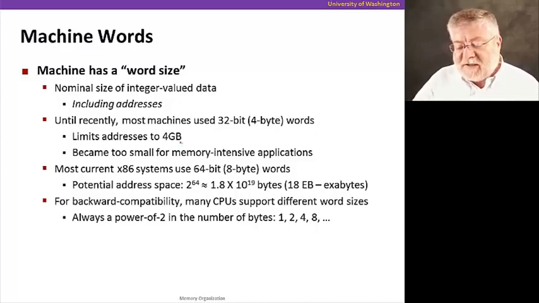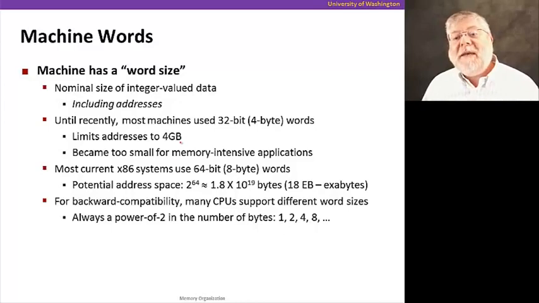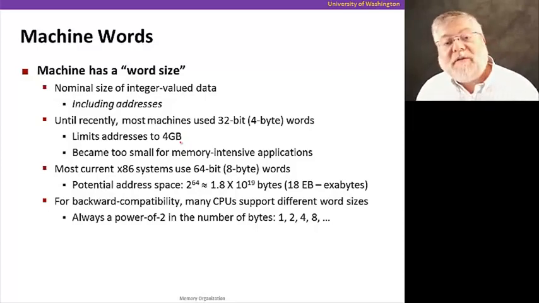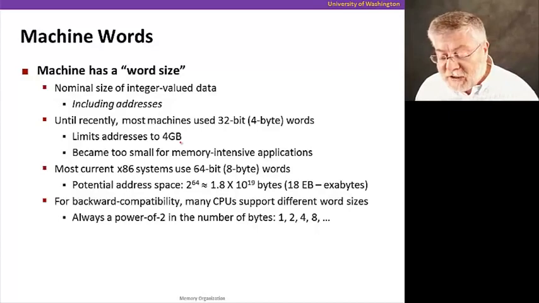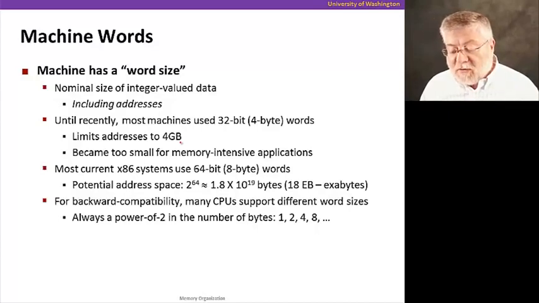This limits addresses to 4 gigabytes. That's how many different numbers we can have in 32 bits, and therefore how many different addresses we can have in the memory. This has become too small for many memory-intensive applications. Many of our applications use much more space than that. So computers have changed to use 64-bit words, 8 bytes long.